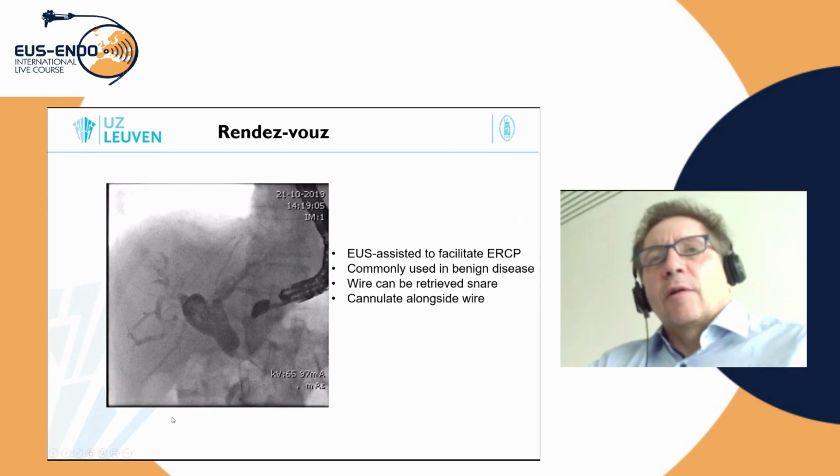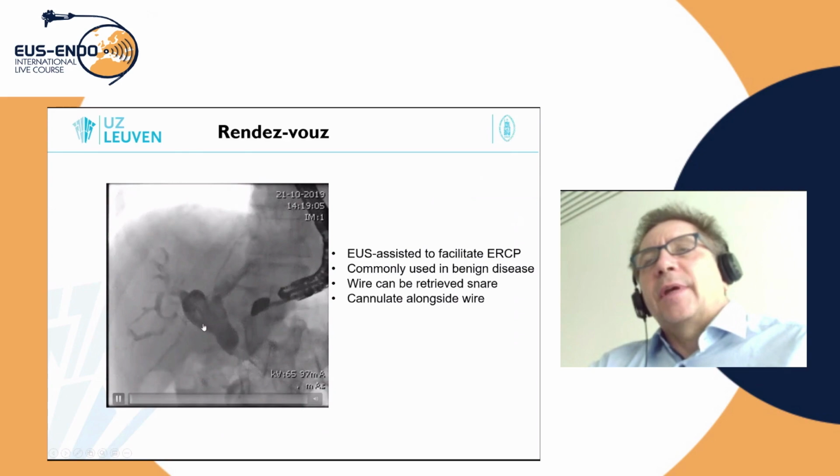In the setting of rendezvous, we would utilize rendezvous ERCP, rendezvous EUS-assisted techniques, very often in the setting of benign disease, where we do not necessarily want to compromise the biliary anatomy in patients.